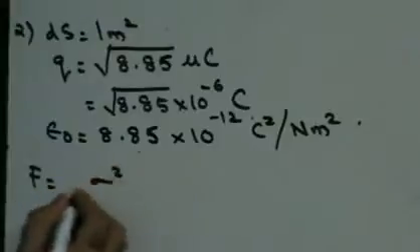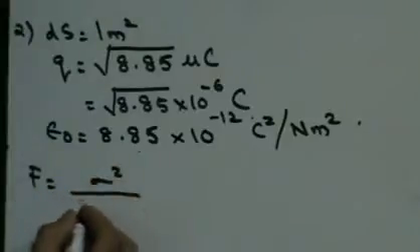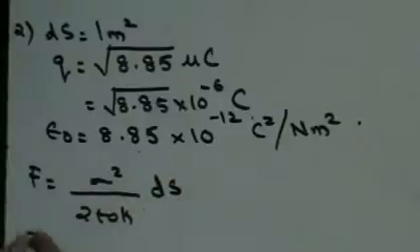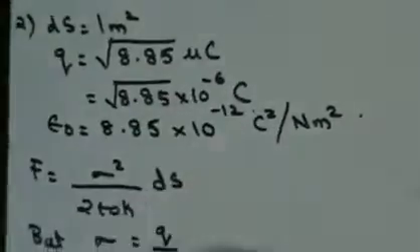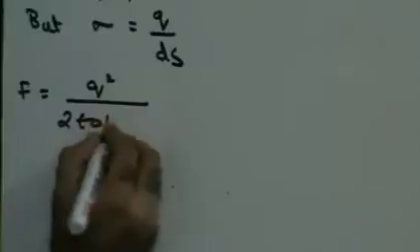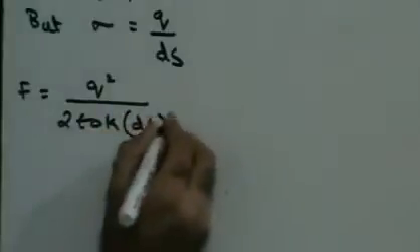Force is sigma square upon 2 epsilon 0 K into ds, but sigma is nothing but Q upon ds. If I substitute, I will get F is equal to Q square upon 2 epsilon 0 K ds the whole square into ds.